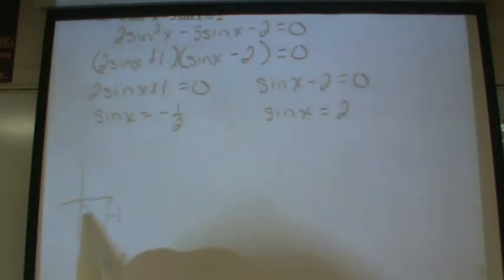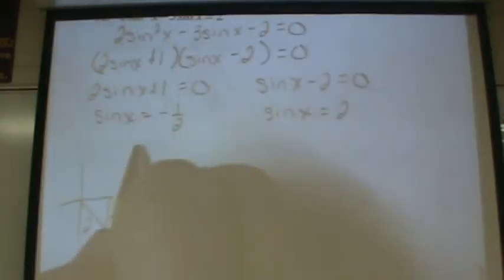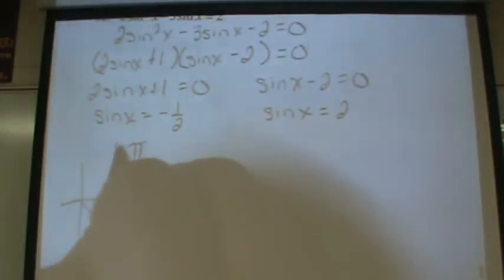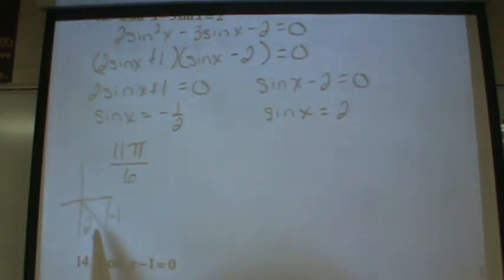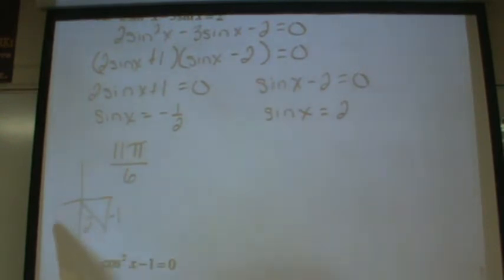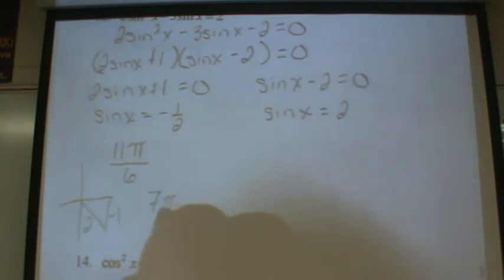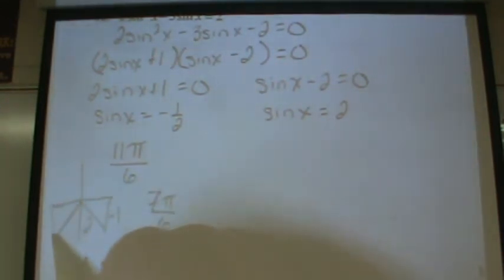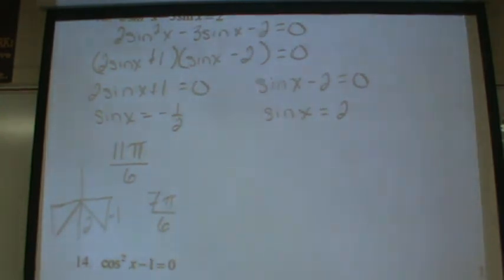So we want to find the pi over 6 angle that's in the 4th quadrant, which is 11 pi over 6. And then we need to find where else sine is negative. Sine is also negative in the 3rd quadrant. So we're looking for the pi over 6 angle that's in the 3rd quadrant, which is 7 pi over 6. So those are your 2 angles where sine equals -1/2.